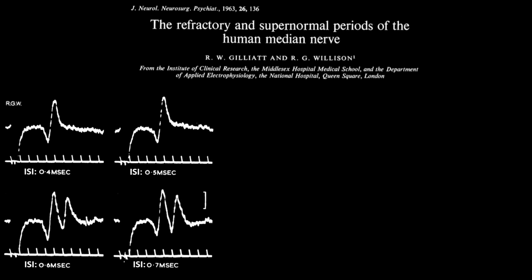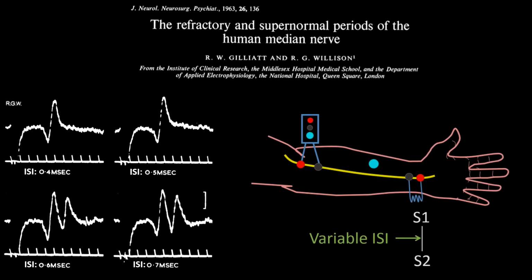This figure is from an article I showed you at the beginning of this talk. The drawing was done to indicate the position of the electrodes. The cathode was placed at the wrist and the recording was done at the elbow. Thus, it was a mixed orthodromic conduction study of the median nerve.